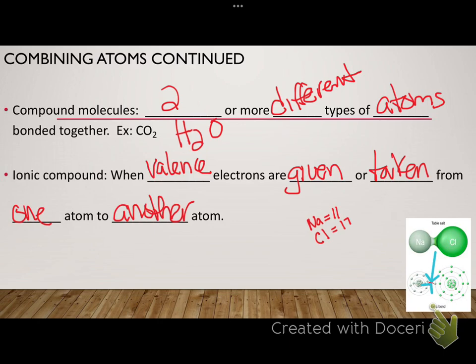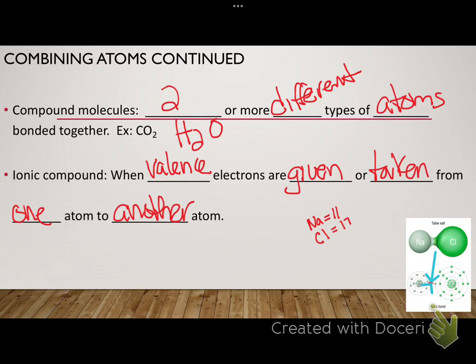Sodium is giving it away to chloride. When it gives it away, it changes the charge of the atom and creates oppositely charged atoms. Again, we'll talk about all that later. Sodium had 1 to give, and chloride took it.